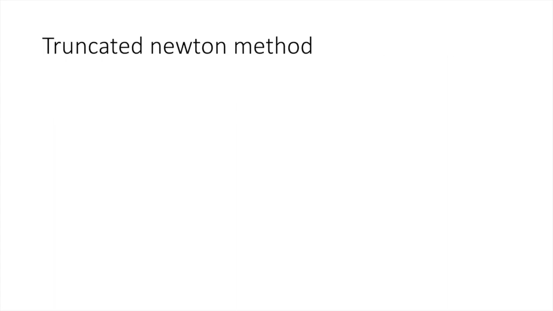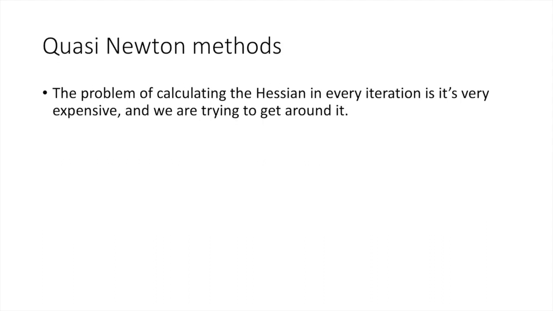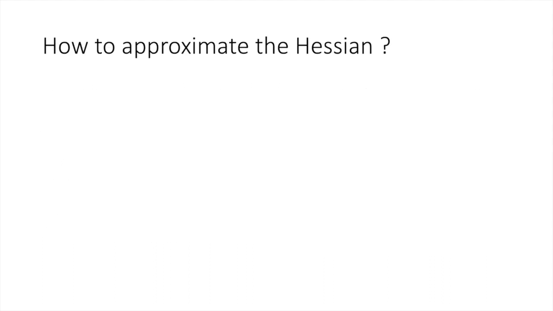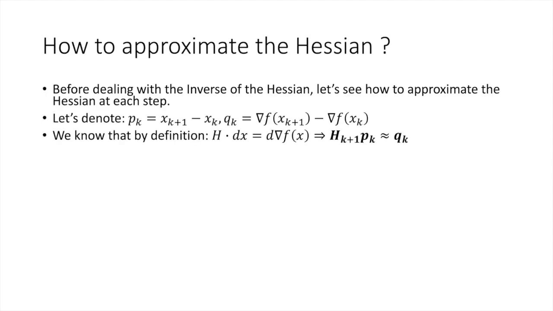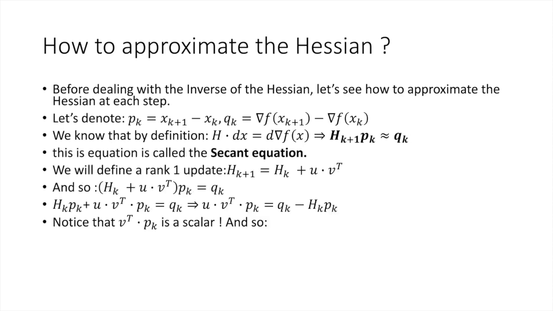Let me remind you that the equation we had before is h_(k+1) multiplied by p_k equals q_k, but this time we have it flipped. So our q_k and p_k have flipped places, but the rest is exactly the same.